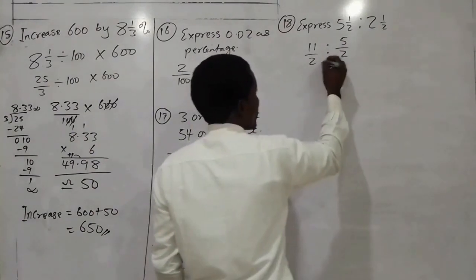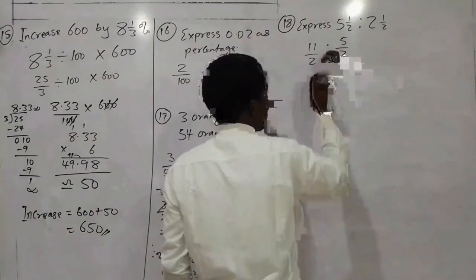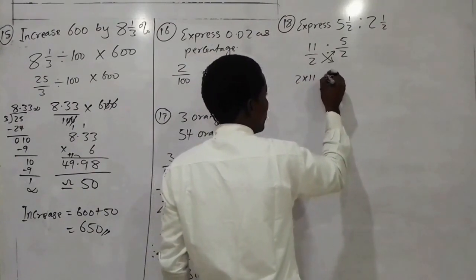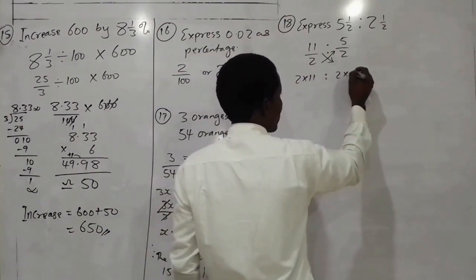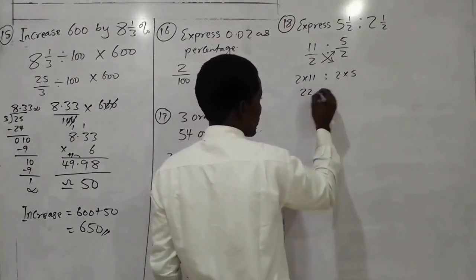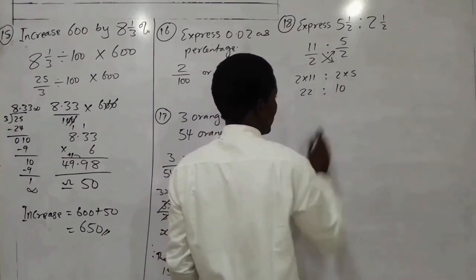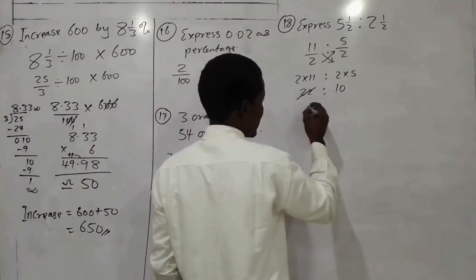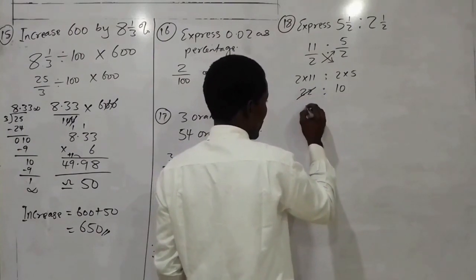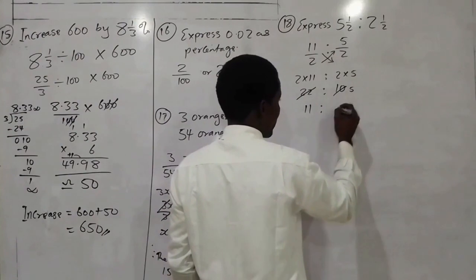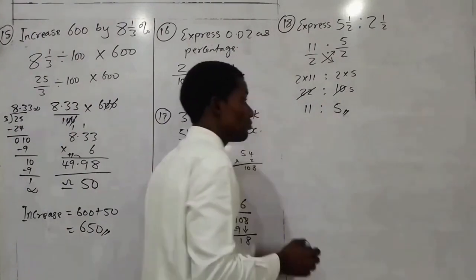So we can cross multiply here. So we have 2 times 11 ratio 2 times 5. 2 times 11, that will give me 22 ratio 10. 2 can go here, how many times? 2 can go in 22, 11 times, and 2 can go in 10, 5 times. So that is our final answer.